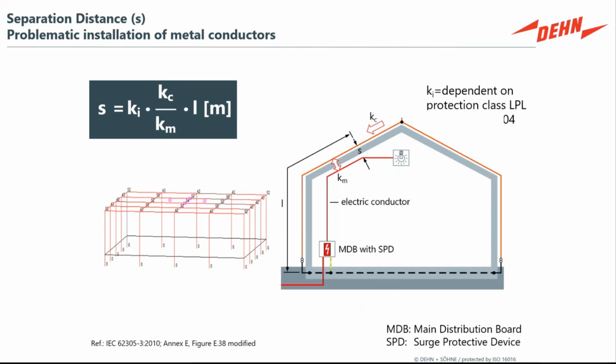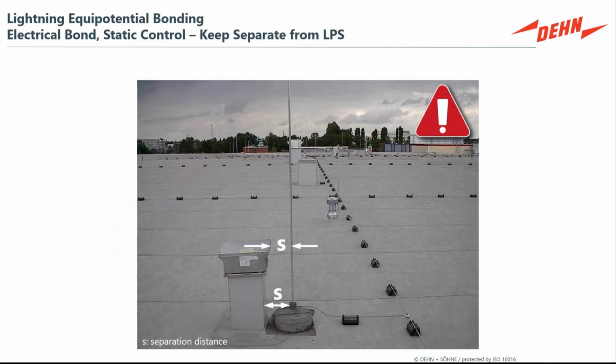And what you might see on a rooftop is something where you've done a lot of work to create a lightning protection system, but you've got an apparatus that is too close and you haven't maintained separation from that metal fitting. And the whole point is that would then have to be bonded and joined with the electrical protection system, which may not be desirable. You may not want to inject lightning into this.